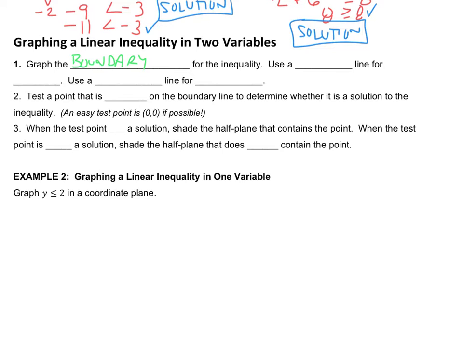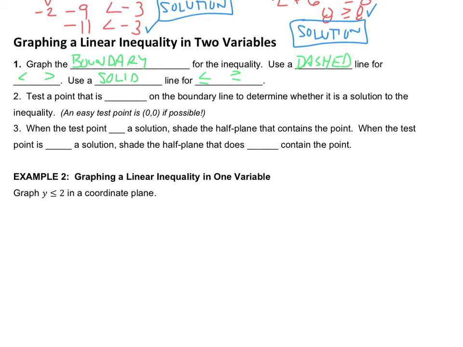Except instead of just drawing a straight bold line, we're going to use a dashed line for the less than or greater than inequalities, and a solid line for the less than or equal to or greater than or equal to inequalities.